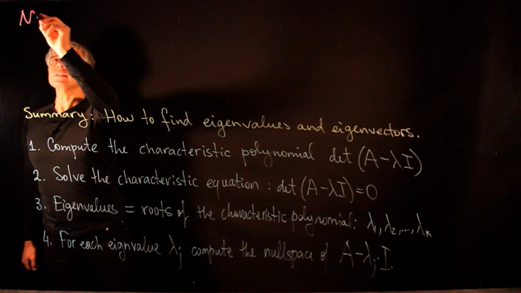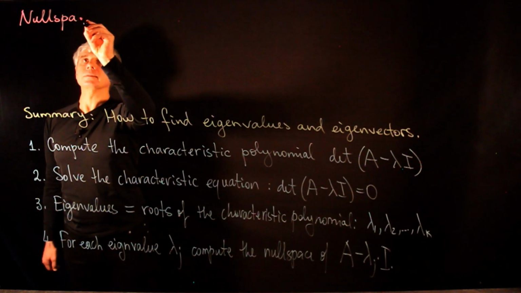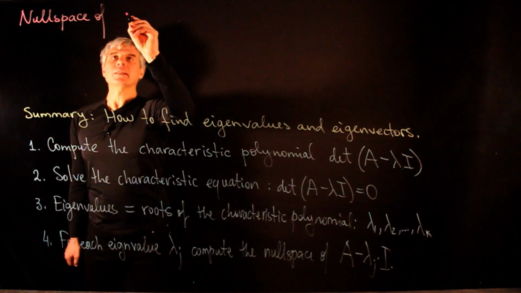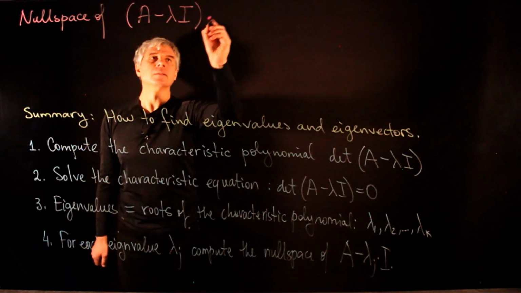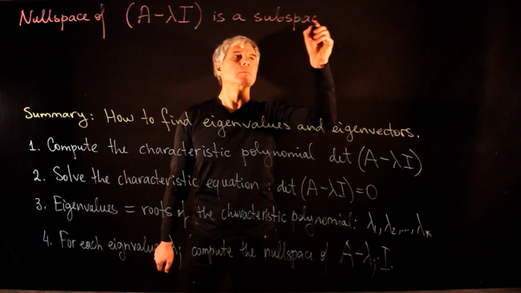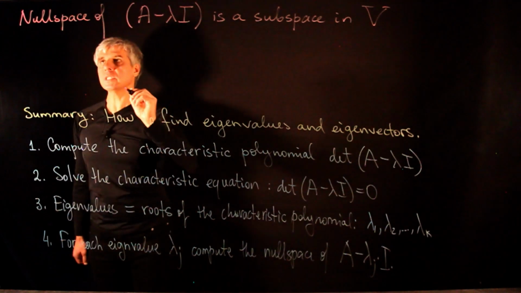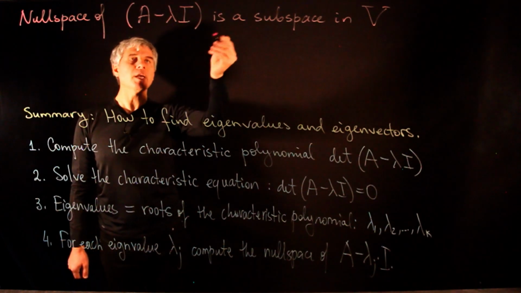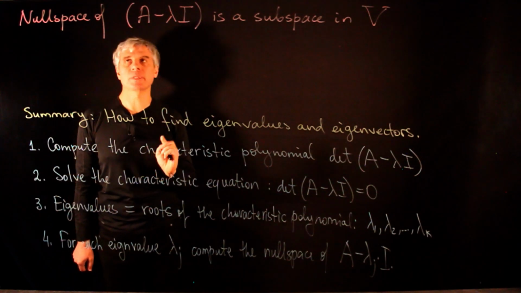We know that the null space of a matrix is a subspace. So the null space of A minus lambda I is a subspace in V. And non-zero vectors in the subspace are eigenvectors corresponding to eigenvalue lambda.